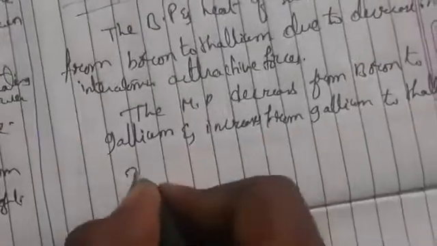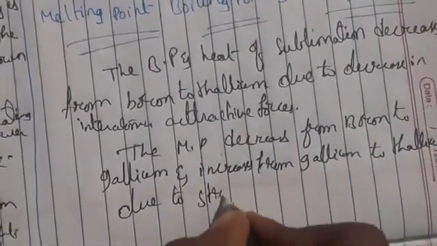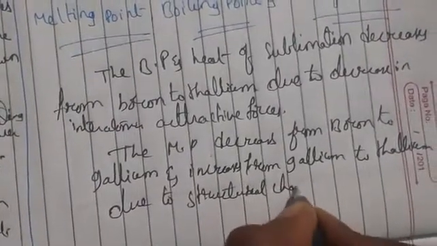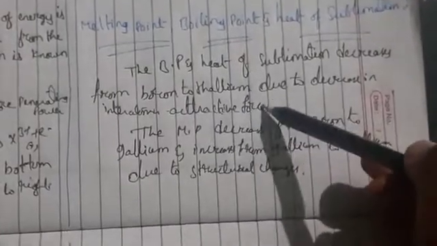Why is it increasing? Why is it decreasing? Due to structural changes. So the boiling point and heat of sublimation decrease. Why is it decreasing? Due to the interatomic attractive forces.